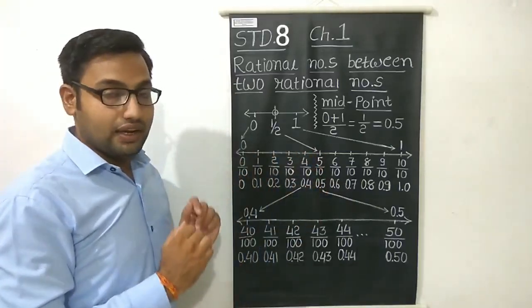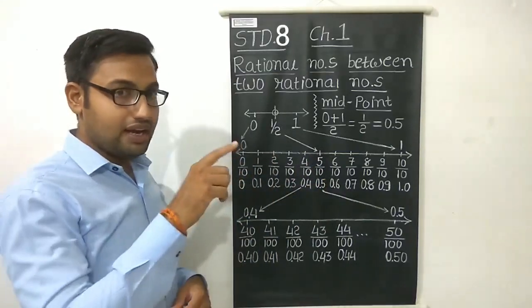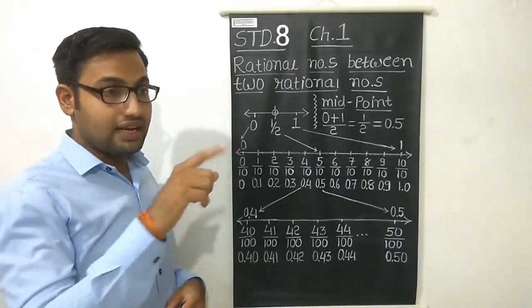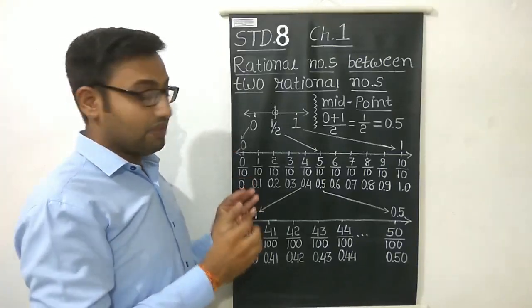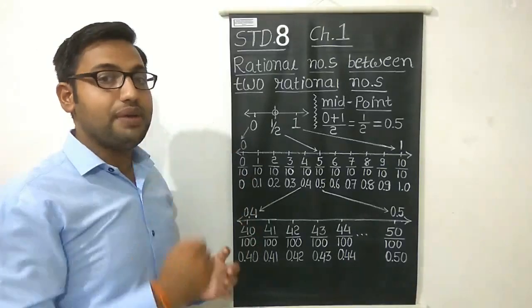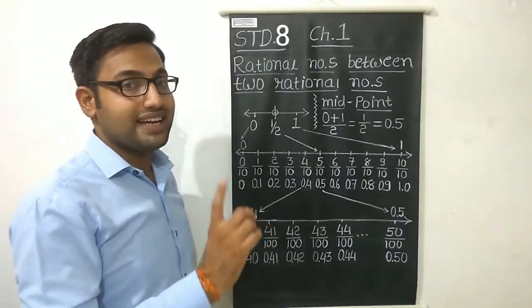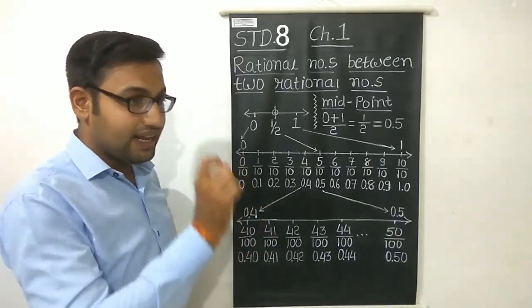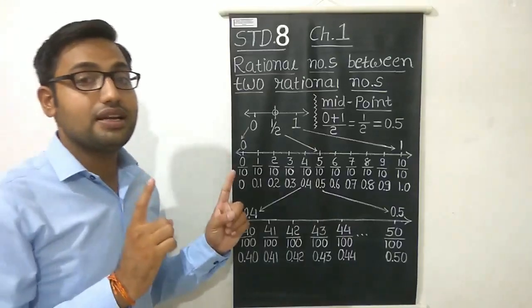In your scale, you have seen that in 1 centimeter there are 10 parts. One part is called 1 millimeter, and you know that 10 millimeters is equal to 1 centimeter. So by joining 10 parts of millimeter, you can get 1 centimeter.